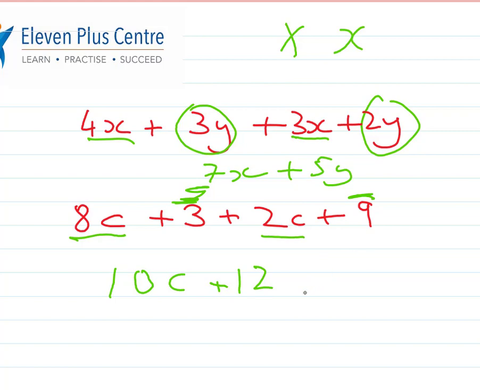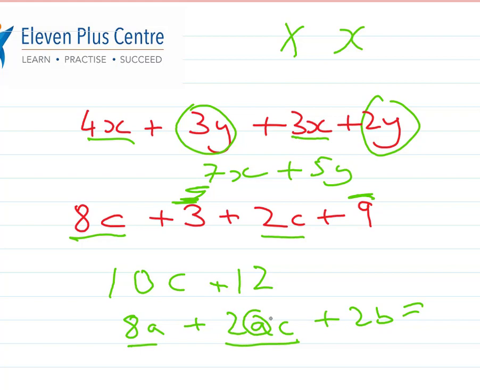So for example, if you were to get a question that looks like this, let's say it's 8a plus 2ac plus 2b, you can't add 8a and 2ac together because there's an a there. Just because this has an a, that does not make it the same as this, because this has an a and a c.